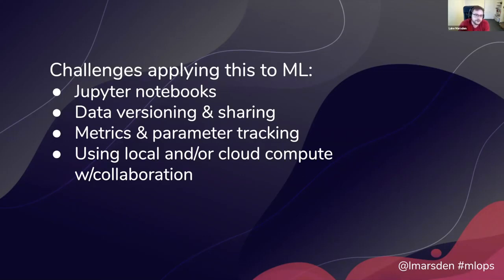The other thing is metric and parameter tracking. You didn't have to do that when you're doing software, but you do have to do it with machine learning. You have to keep track of which parameters you used and which accuracy score you got, because models aren't either green or red, either working or broken. They're somewhere in the middle.